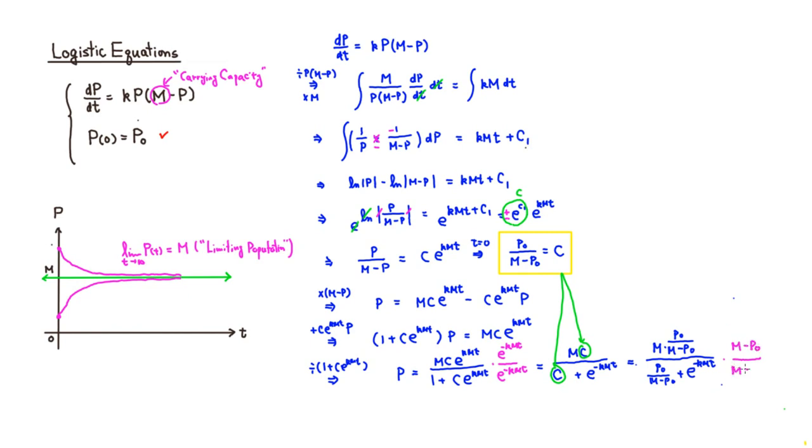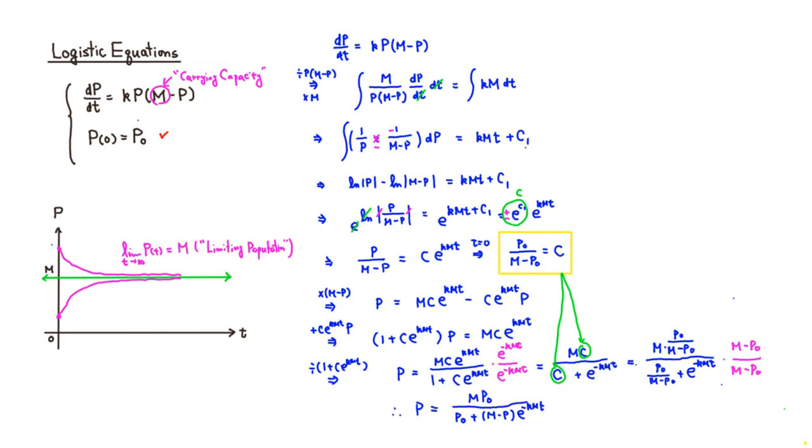Therefore the population P can be found: M minus P0 cancels out, so you get M P0 divided by P0 plus M minus P0 times e to the negative kMt.